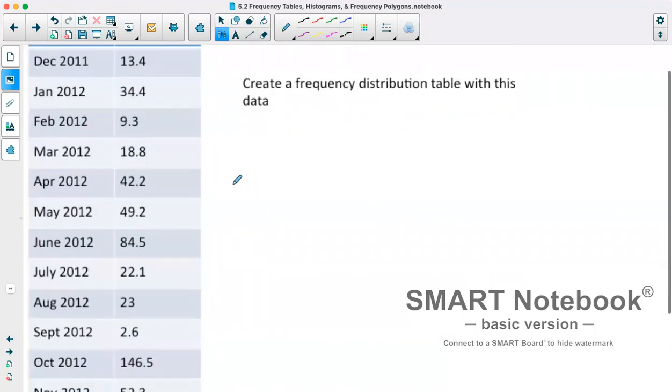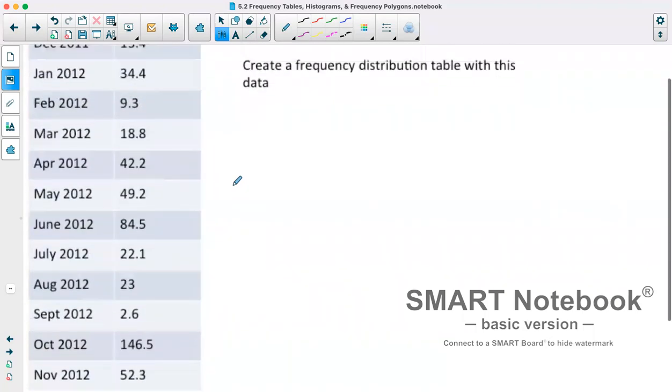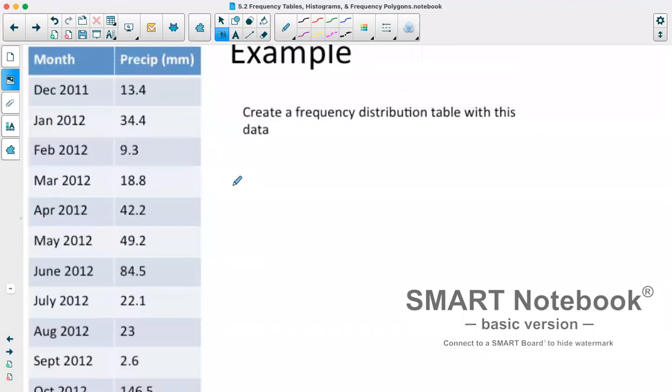Based off the numbers in this, I might do ranges of 20 millimeters when I create the data table.